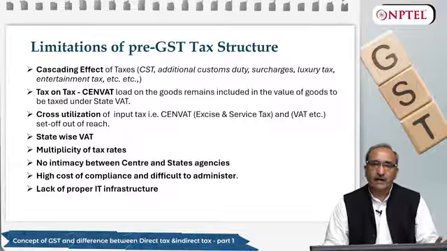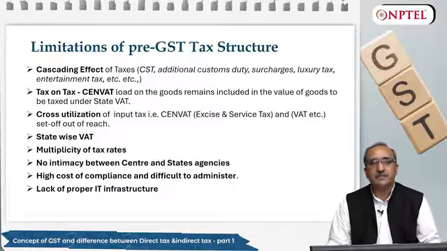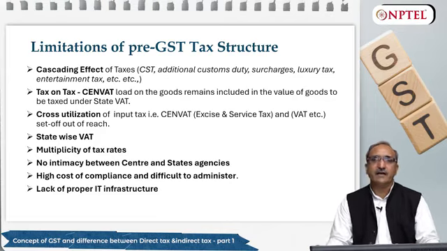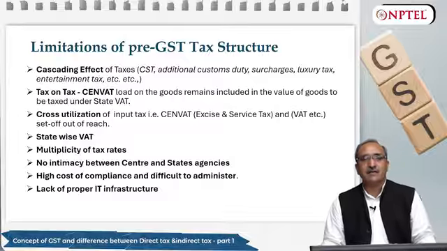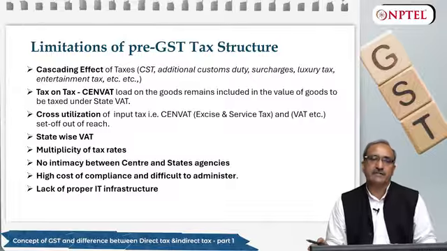Means if on any product, let's take the example of a car, on a car GST is 28%. Car is subject to GST at the rate of 28%. So here 14% CGST goes to the central government and 14% state GST goes to the respective state where the car is purchased. So if you now buy a car in Tamil Nadu or Maharashtra or Karnataka or in Kerala or in UP or in Rajasthan, you are supposed to pay state GST at the rate of 14% only.